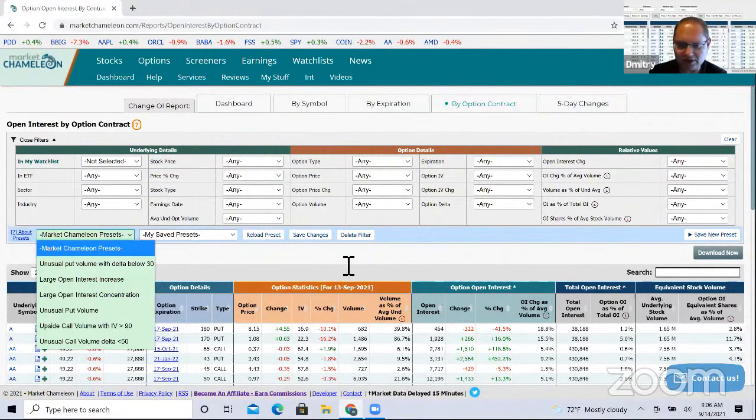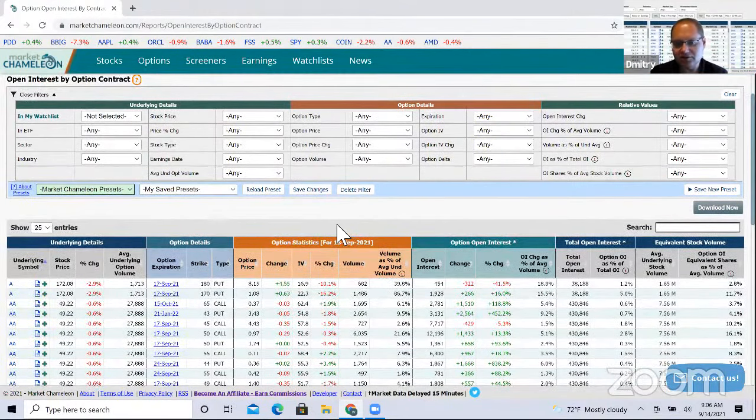Now, before I get into it, this is what the report is tracking. It's taking a look at individual option contracts. It's scanning all the different symbols and looking at individual option contracts.